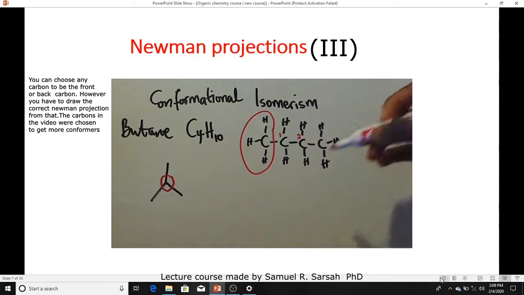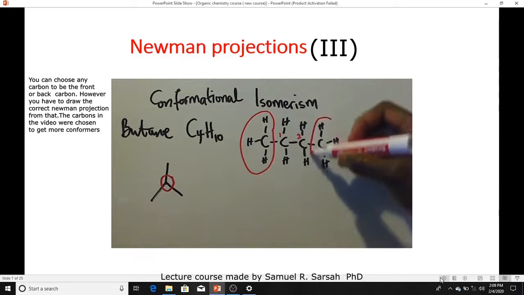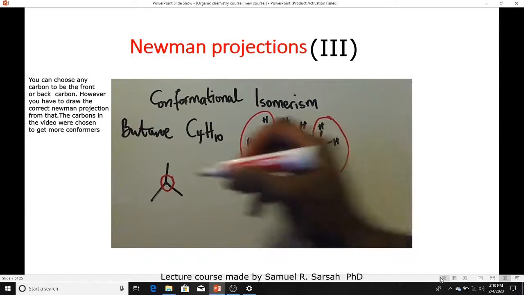Now this carbon number 2 has this whole group and this hydrogen and this hydrogen.